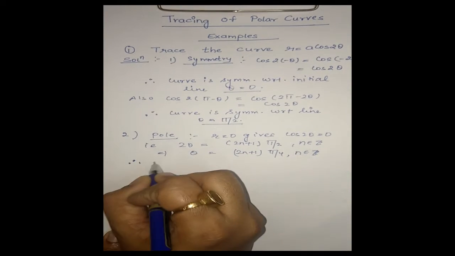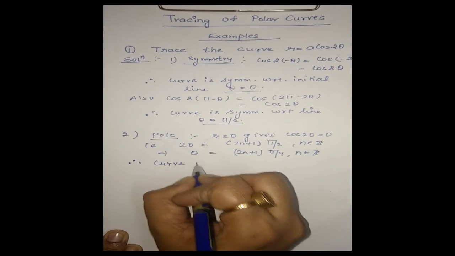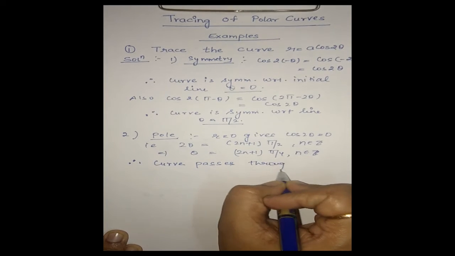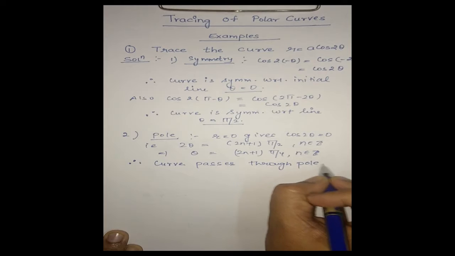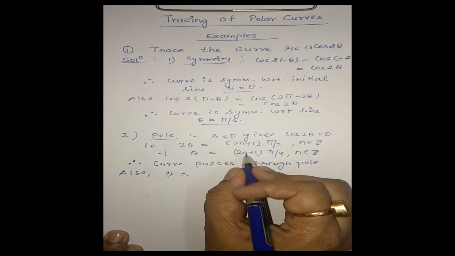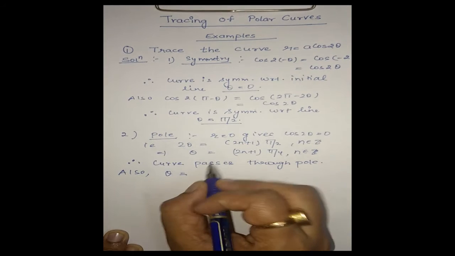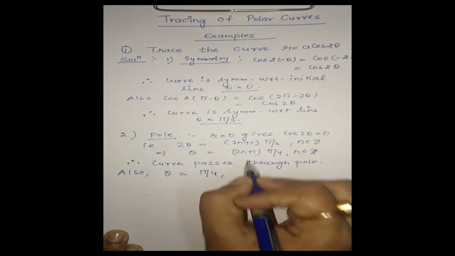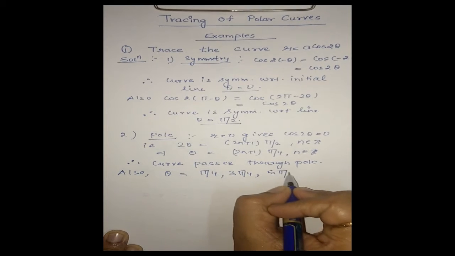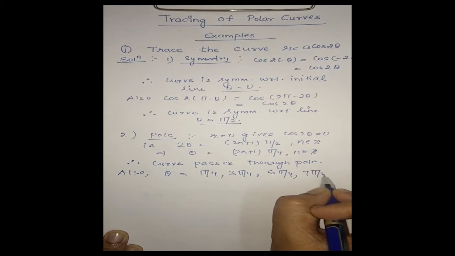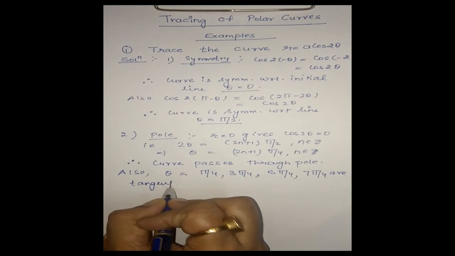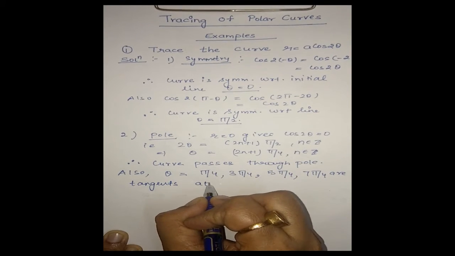Therefore, the curve passes through the pole. Also, when I take n to be 0, theta is pi by 4; for n equal to 1, 3 pi by 4, then 5 pi by 4, and in the same way 7 pi by 4 are the tangents to the curve at the pole.